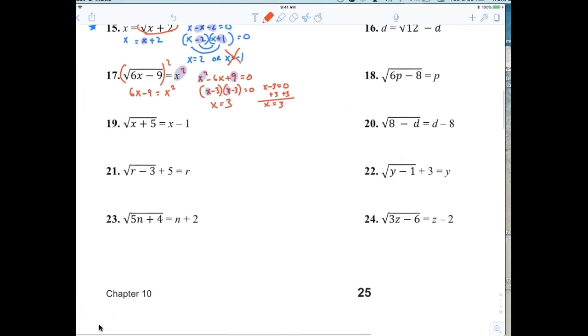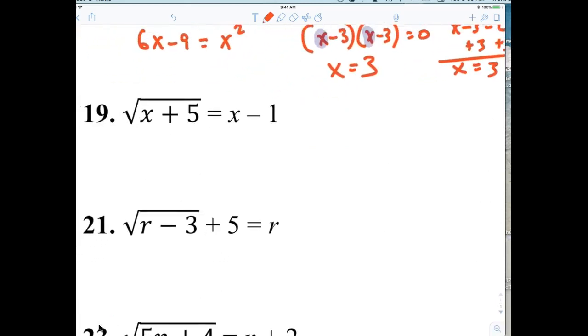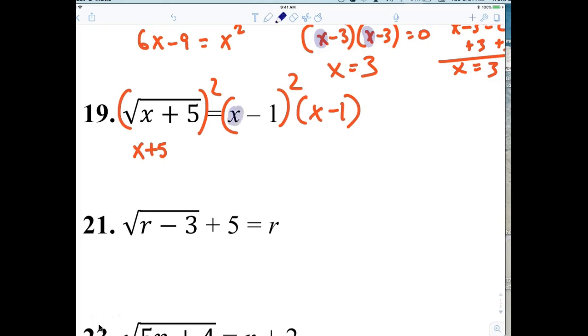Now, I'm going to be honest, 19 is a pain in the butt. So everybody take a look at this. You still have to square both sides. So I have x plus 5. Now remember, x minus 1 squared is x minus 1 times x minus 1, so I have to multiply that out. x times x is x squared.